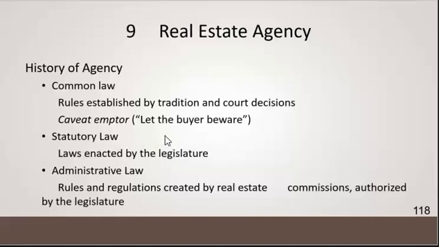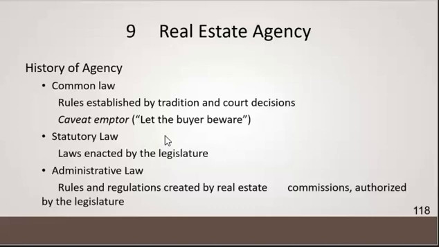Then we have statutory law, which is codified. Like criminal code would be statutory law. You do this, this is what happens. Then we have administrative law, which is what we will deal with through our real estate commission. And when we get to the laws section, we will go through all the administrative law that are specifically written for how to administer the real estate license.